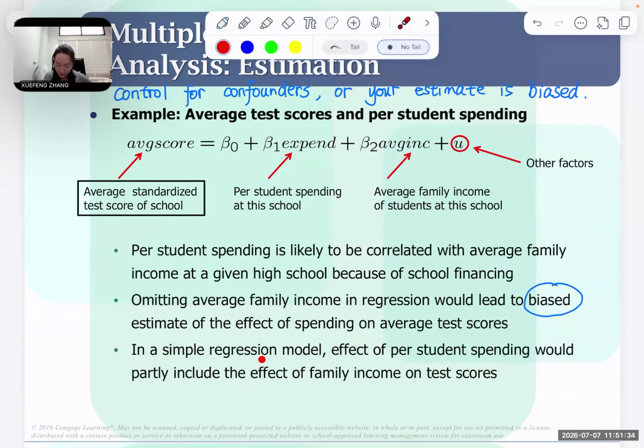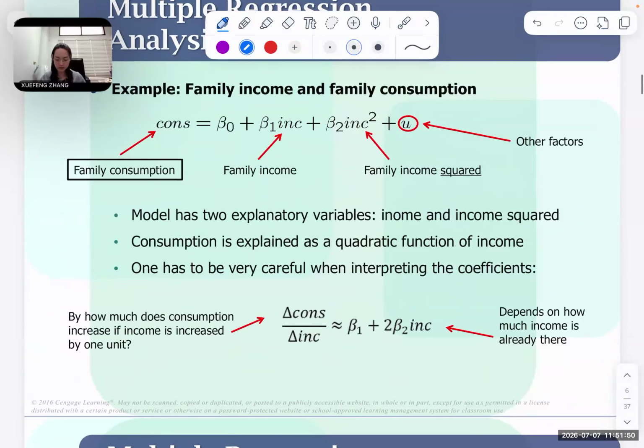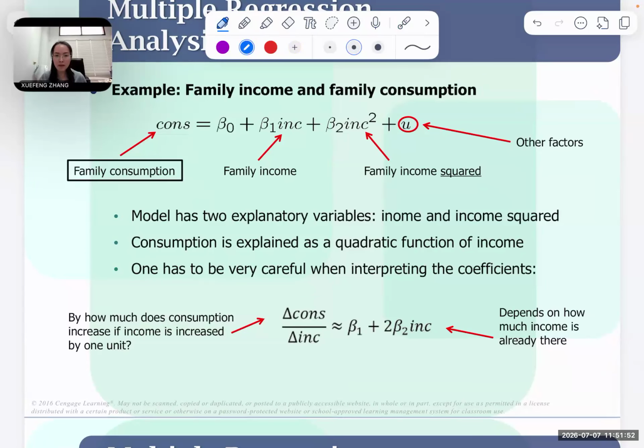In a simple regression model, the effect of per student spending would partly include the effect of family income on test scores. This example shows the third reason for multiple regression: flexible functional forms.